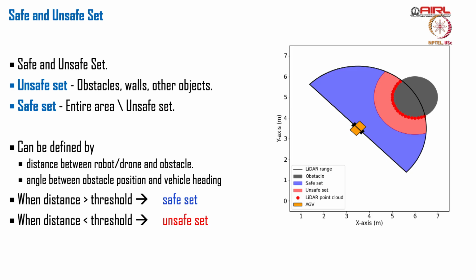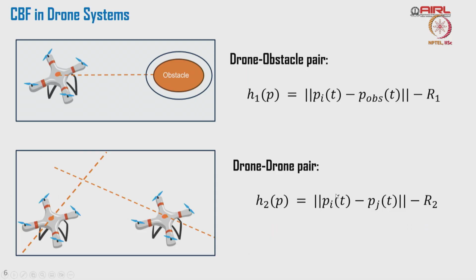A similar situation can be seen for two drones crossing their paths: at some point they will encounter an unsafe set, which they should avoid by keeping themselves inside the safe set.